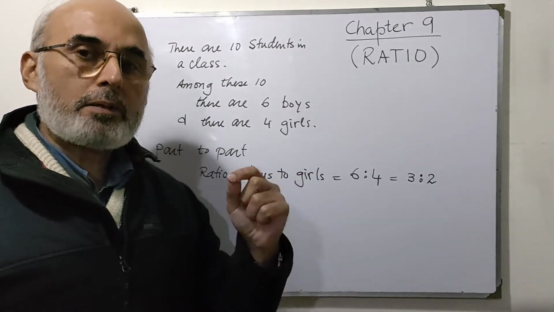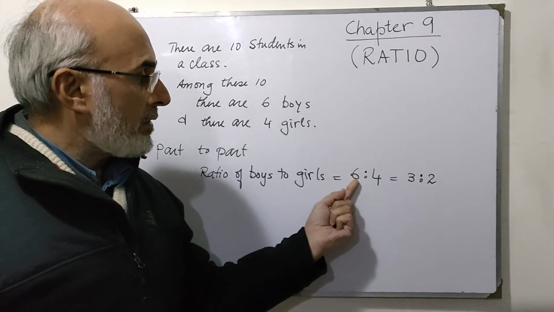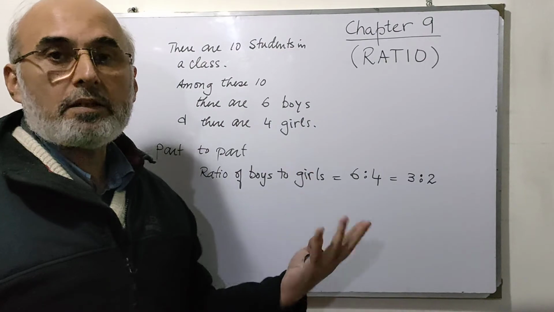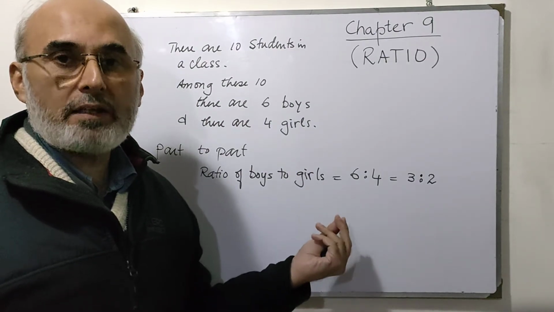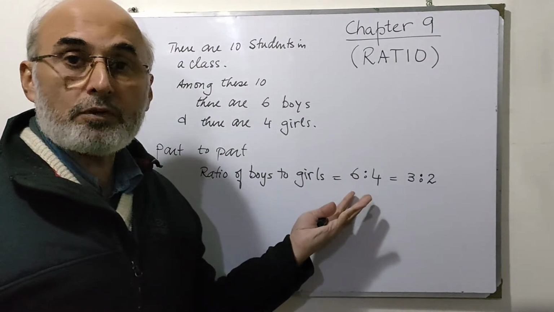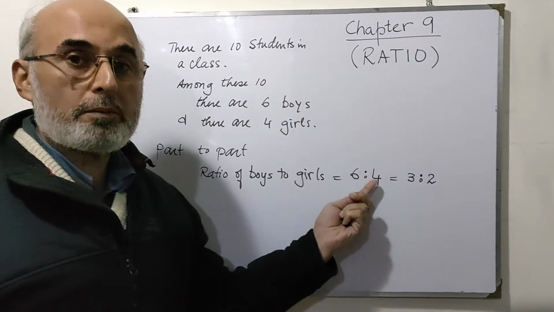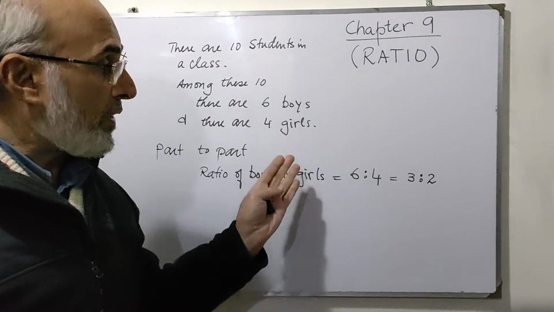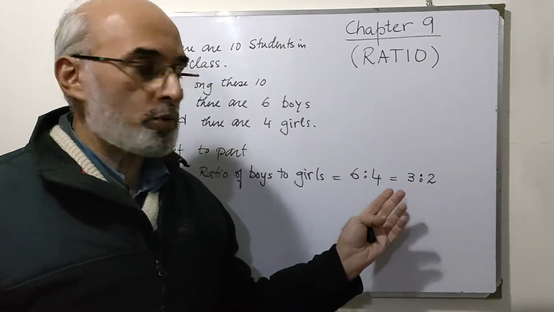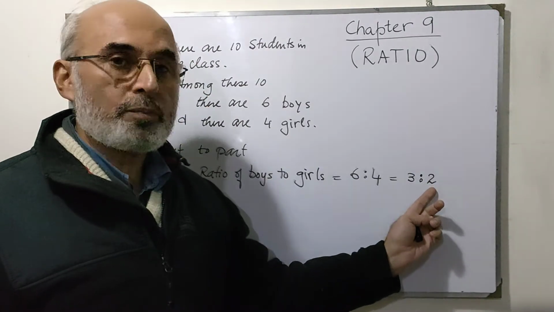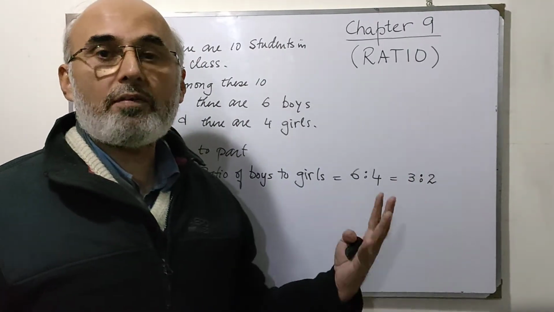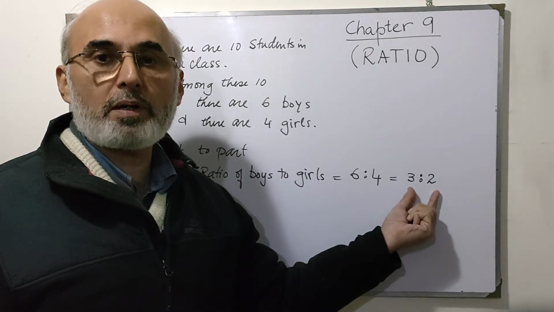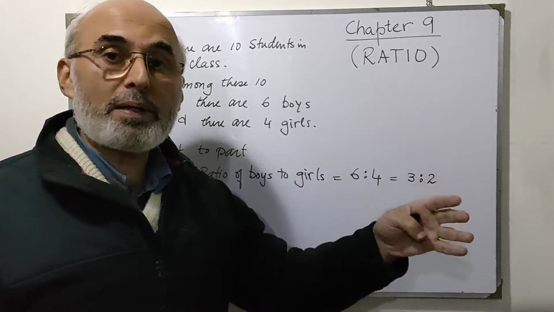When we say simplify it to the lowest level, 6 is to 4, in these two numbers there was some common factor. The 2 was the common factor between 6 and 4. So when we divide both the numbers by 2, we have here 3 is to 2. Now these two numbers don't have any further common factor. The only common factor between these two numbers is 1. So this is the simplest form.